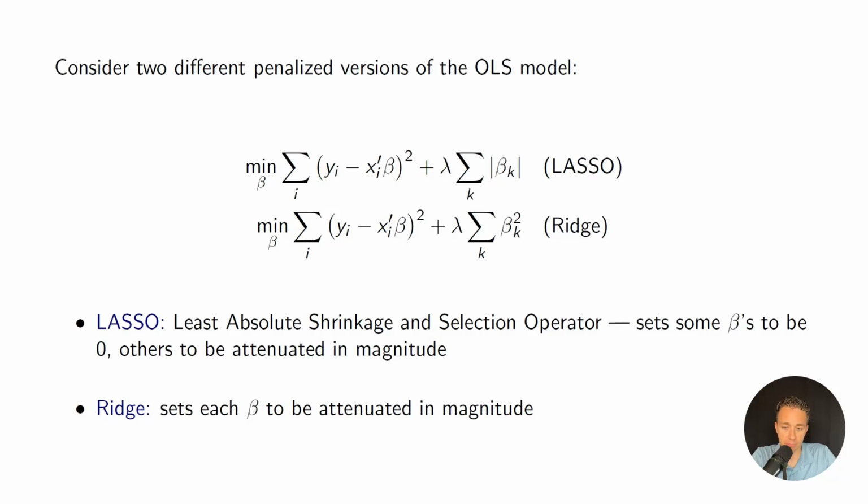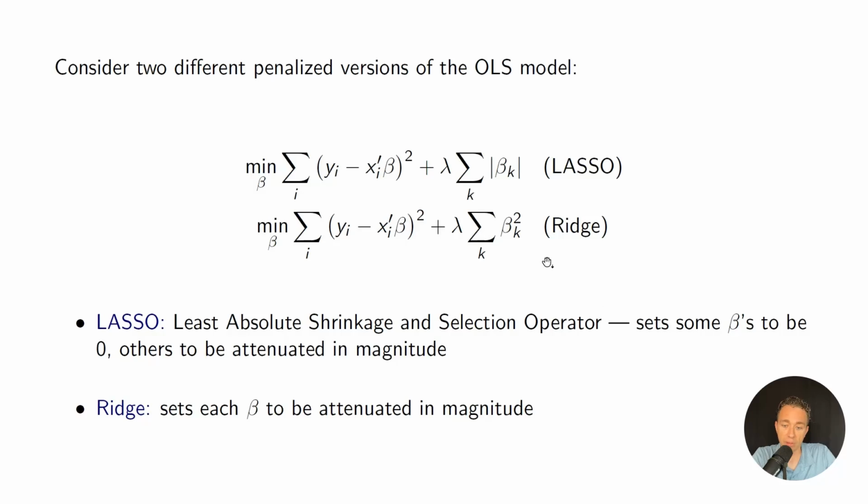Regardless of what specific penalty term we're looking at, we have a hyperparameter lambda that can govern how complex the model is. If lambda is close to 0, we're basically having no penalty for complexity. Whereas if lambda is really large, then we're going to have a really strong penalty on complexity.